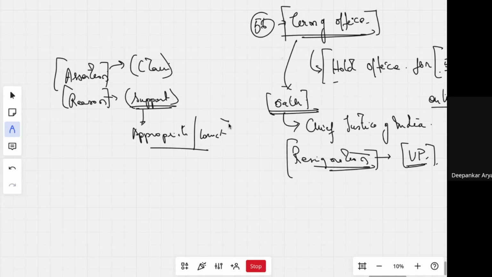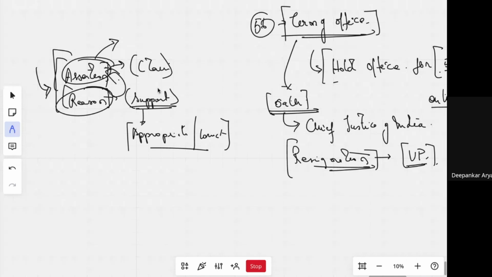If you make unnecessary arguments which have no linkages, you will not be able to answer this question. Sometimes the assertion can be correct, the reason can be correct, but the reason cannot be the correct explanation for the assertion. So we have to be very careful whenever we are speaking. Whatever our understanding is, it must be clear cut. Okay.